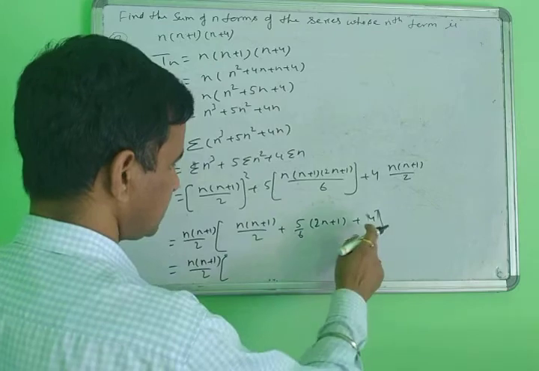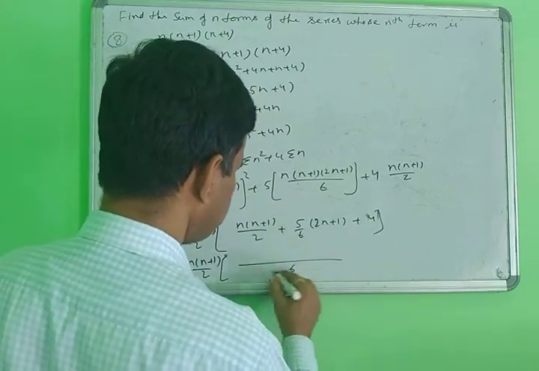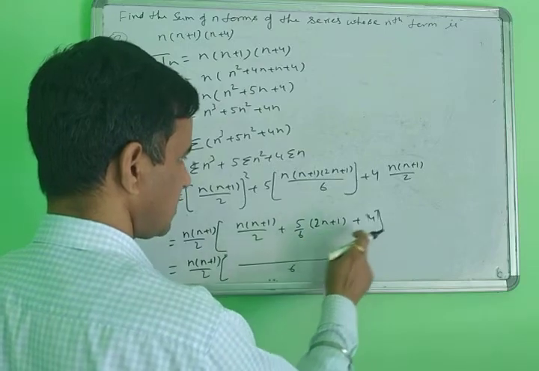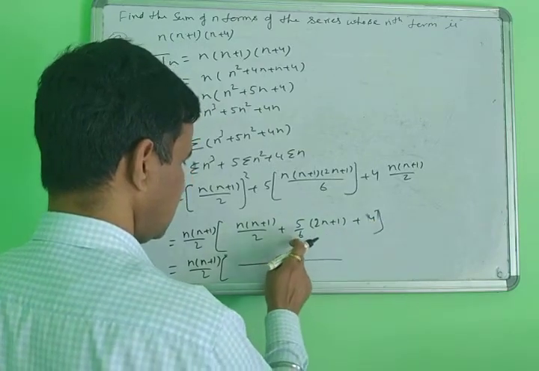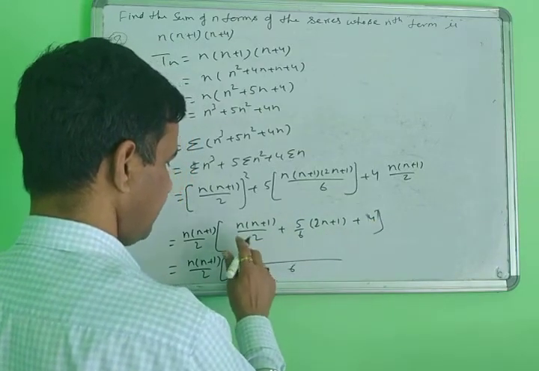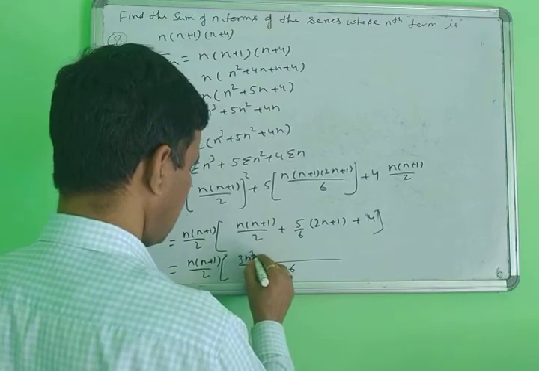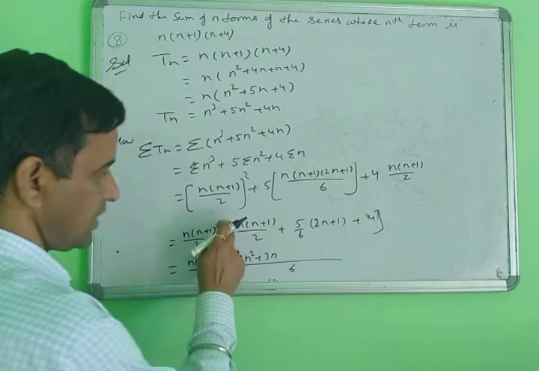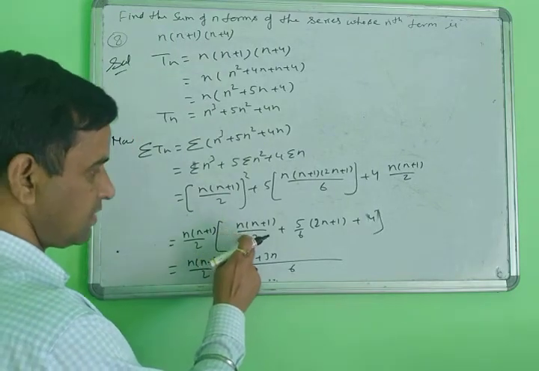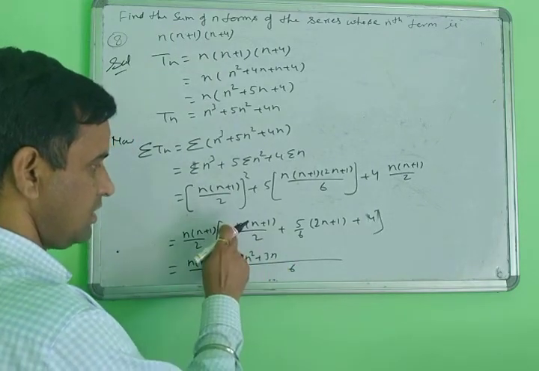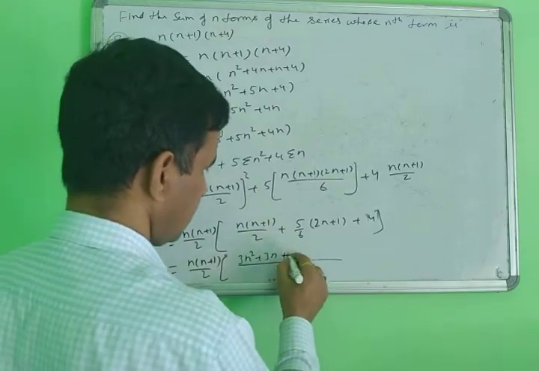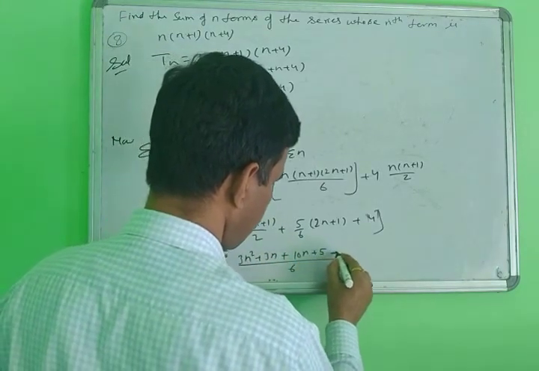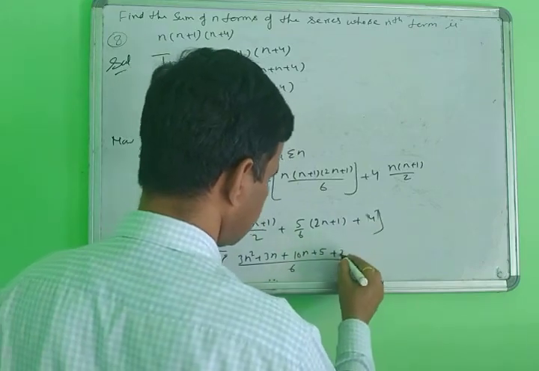So taking the LCM here, what is the LCM? LCM of 2 and 6 and 1 will be 6. Then you multiply here by 3, so 3n square plus 3n. When you multiply numerator and denominator by 3, then 3 becomes 6, and 3n square plus 3n. Here already 5, so 5 becomes 10n plus 5, and here multiply 6, so 6 4s are 24.